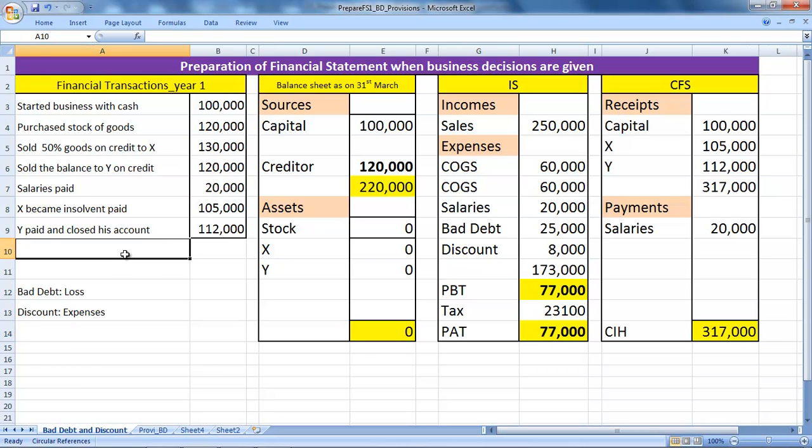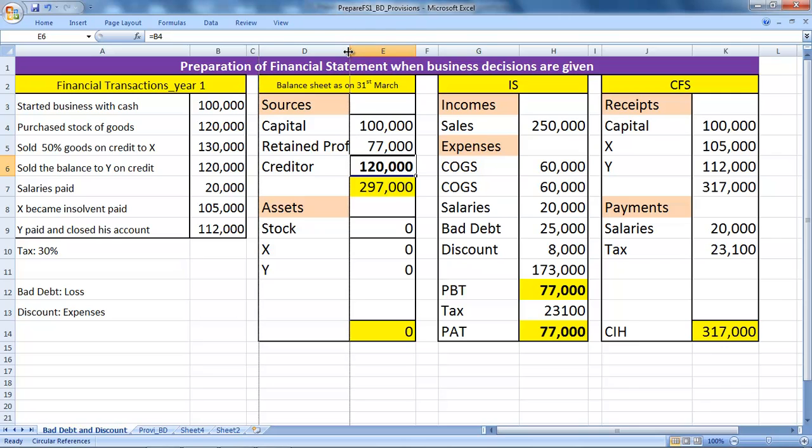We can write down here 30% tax, and let us assume that we pay tax 23,100. And what to do with the profit? Consistency will maintain. The entire profit is retained. Okay, so profit will appear on the balance sheet as a retained profit.